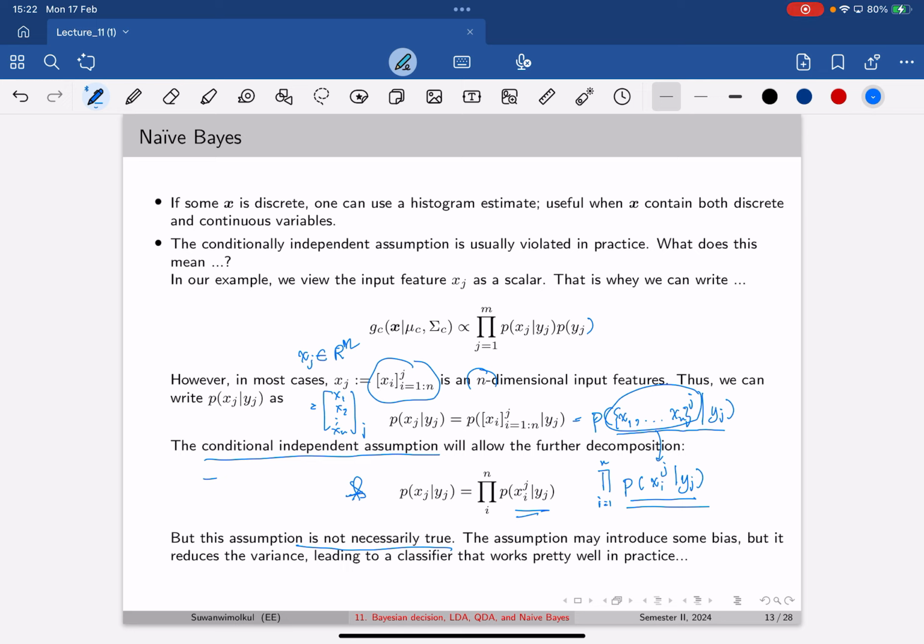For example, you take your xj1 over yj, then you take xj2 over yj, xj3 up to xjn. Are you taking the average of the values?